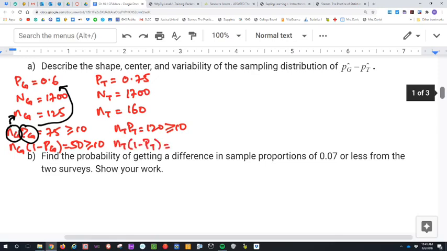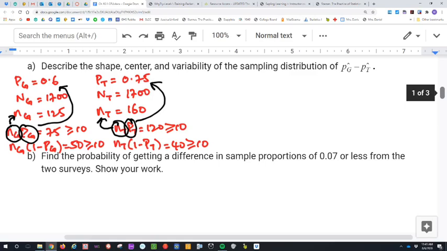Then n T times 1 minus p T equals 40. The n T here comes from here, and the p T here comes from here. So all the conditions are met. The n times p must be greater than or equal to 10, and n times 1 minus p has to be greater than or equal to 10, but we do it for both populations separately, one from Granger, one from Taylorsville.